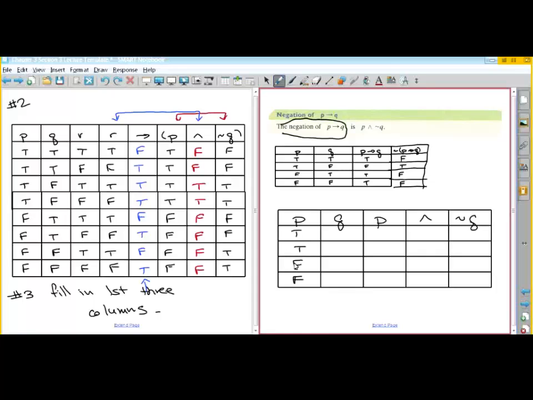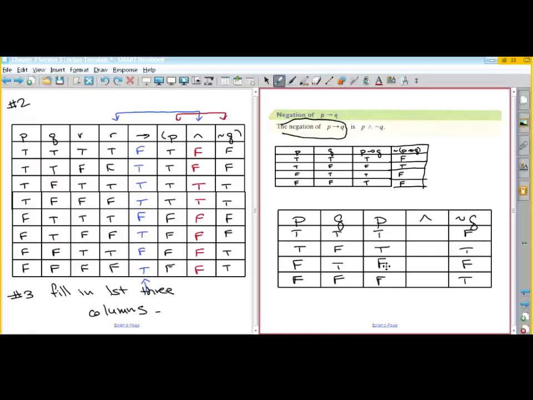Again, the first 2 columns are the same: true, true, false, false, true, false, true, false. Then I fill in these columns with the truth values for P or Q. I've got P by itself here, so I just copy this column down. This one I take the negation of Q, which is false, true, false, true instead of true, false, true, false. Then I use the AND statement.